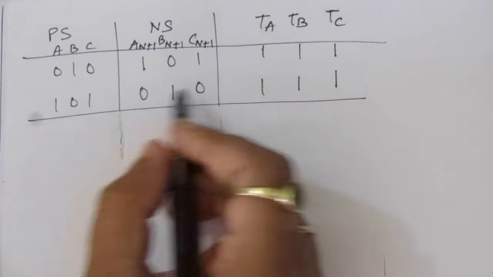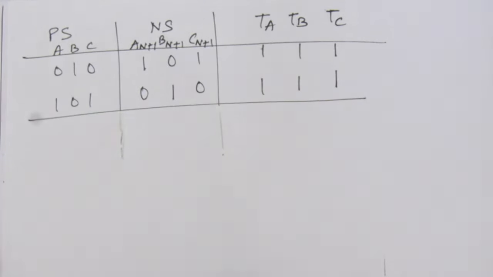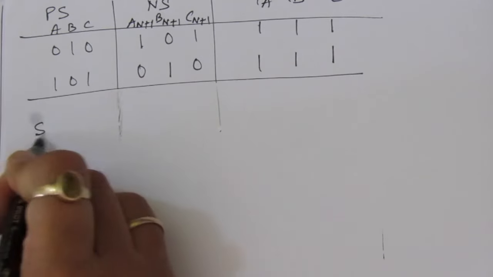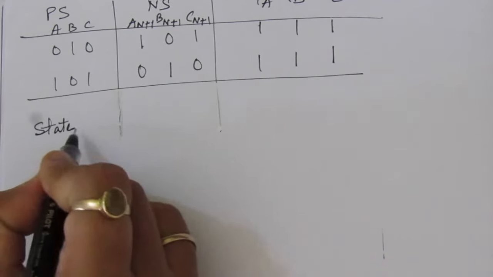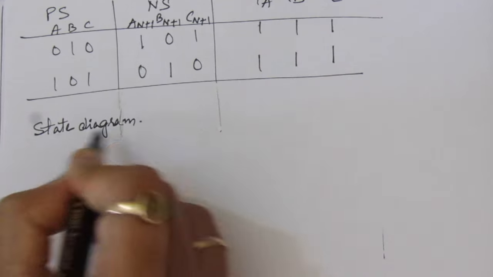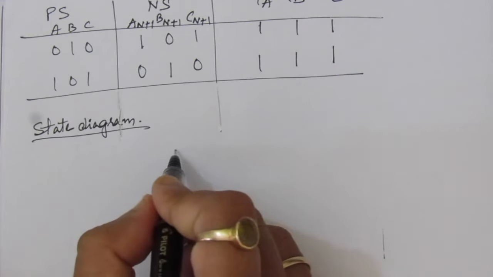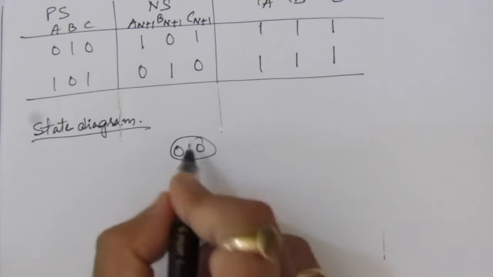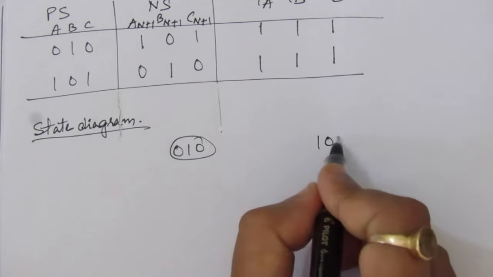That means if we now see the present state and next state, and draw the state diagram of these unused states, what will we see? Let us draw the state diagram. If we have 0, 1, 0, here we have 1, 0, 1.